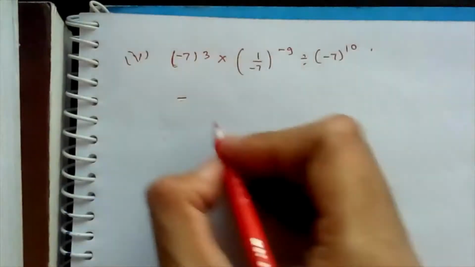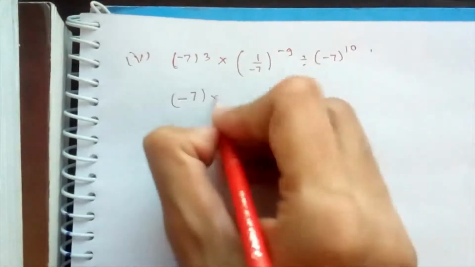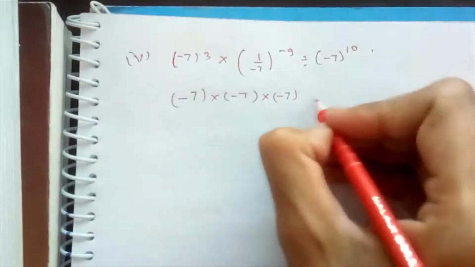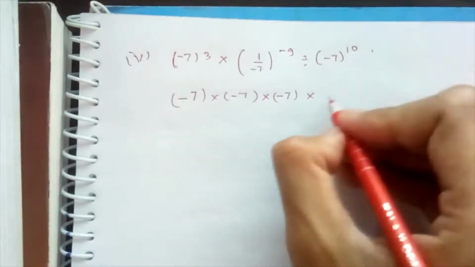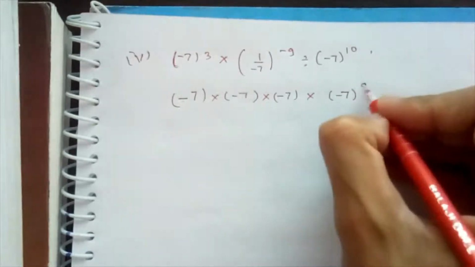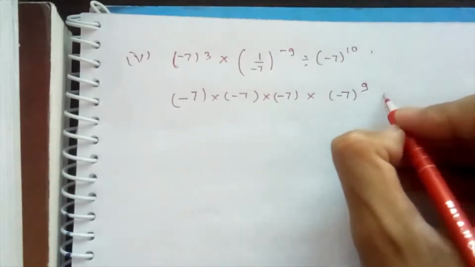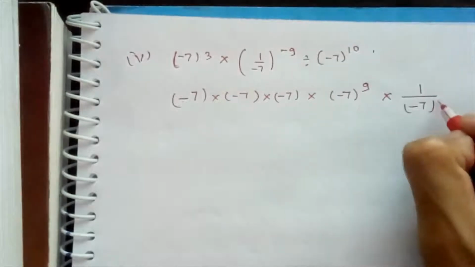Now solving the last part of this question. Minus 7 whole to the power 9 divide by 1 upon minus 7 whole to the power 10.